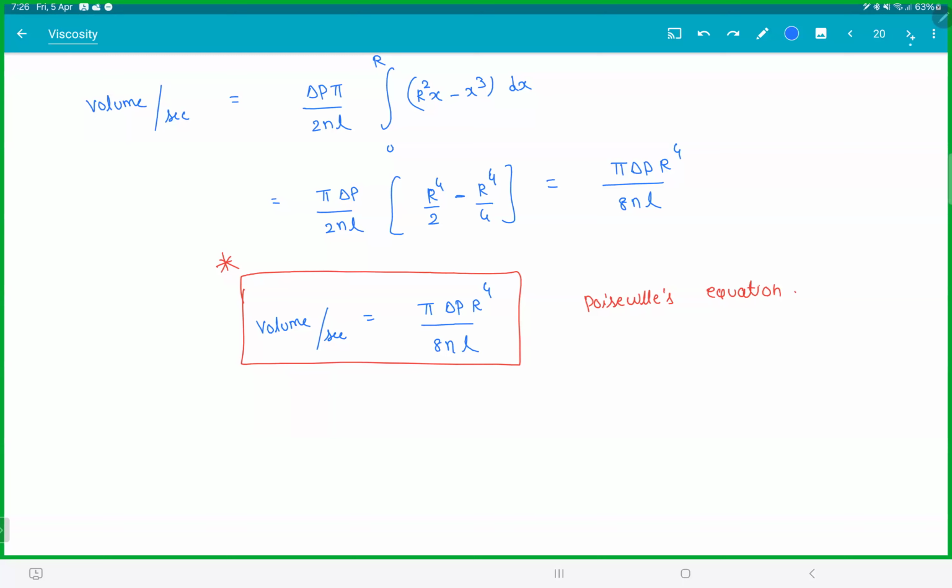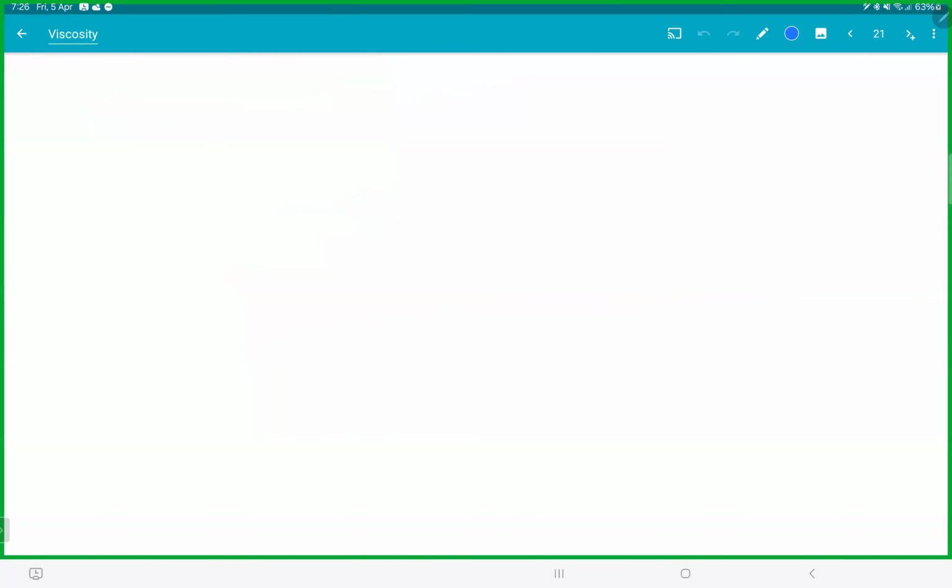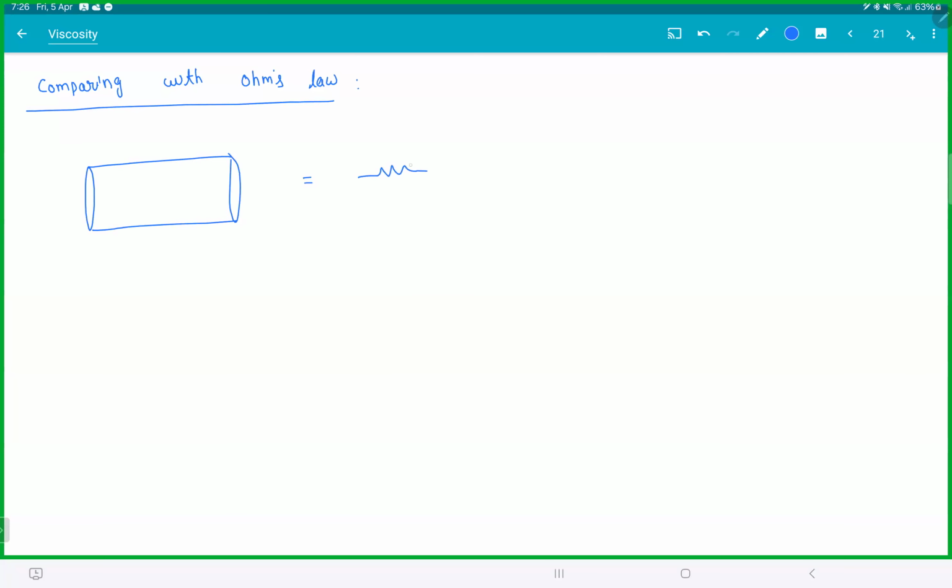Now, this equation you can compare with Ohm's law again, just like what we did in conduction. So you can replace this with a resistor R. Let's call this small r.